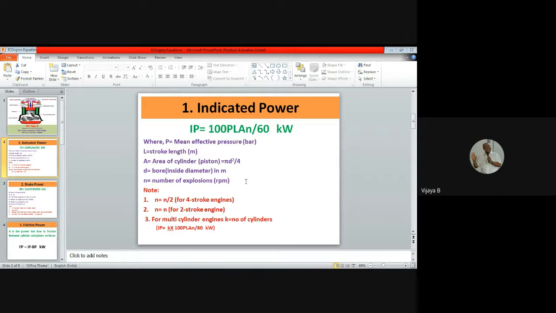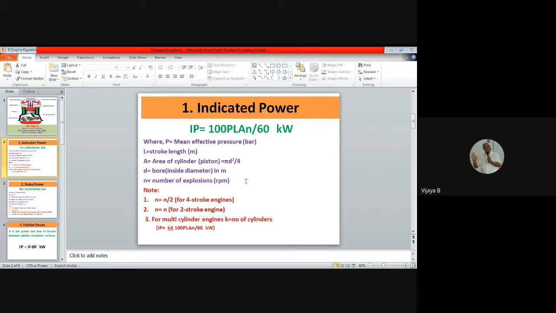What is indicated power? It is the amount of power in the form of hot gases developed inside the engine cylinder as a result of combustion of the air fuel mixture that is supplied. Why is it called so?